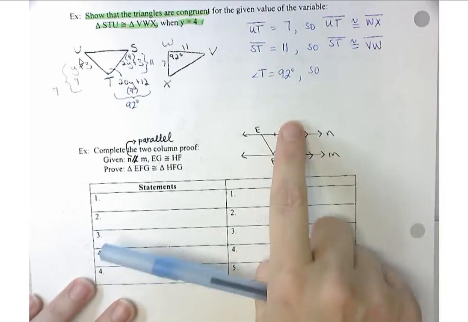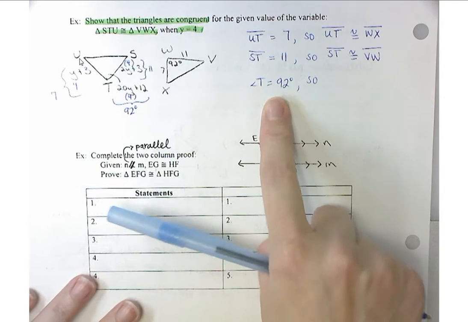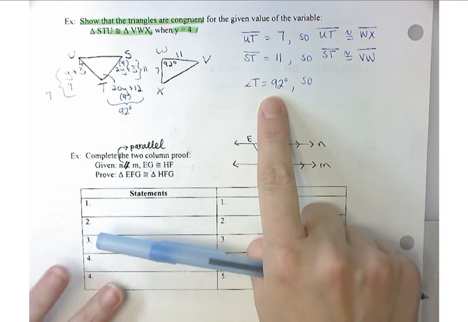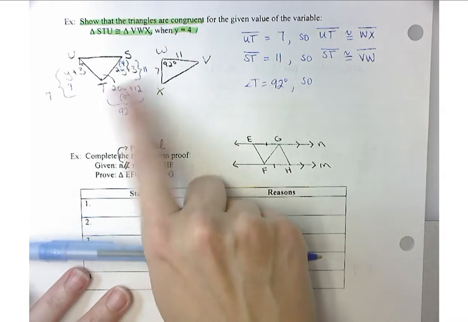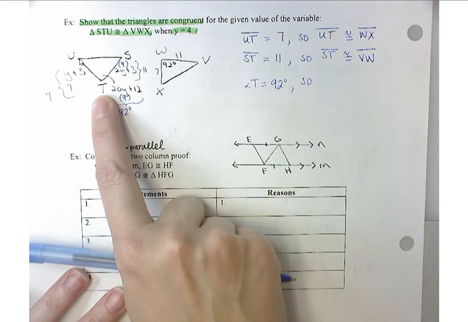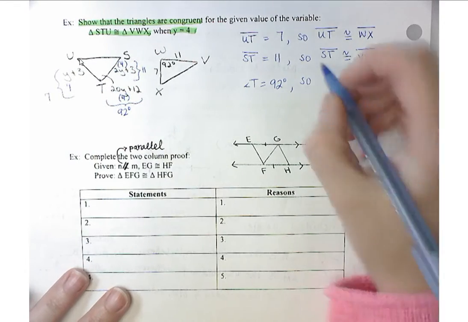How about in terms of the triangle? It's not a right triangle. But if you look at your two triangles that we're comparing, angle T is going to be the same as what? Angle W. Okay, so then we're going to say that they're congruent.